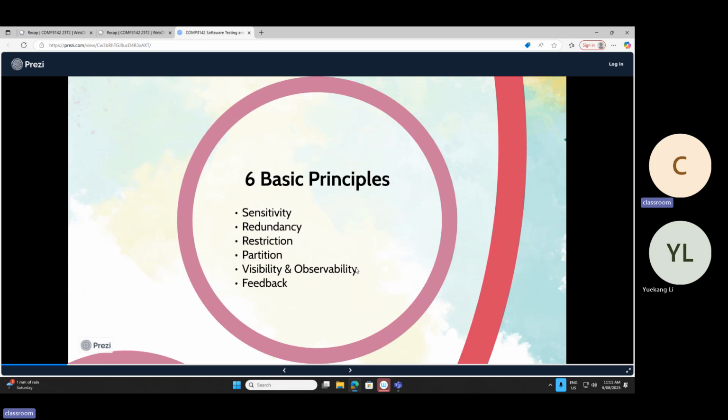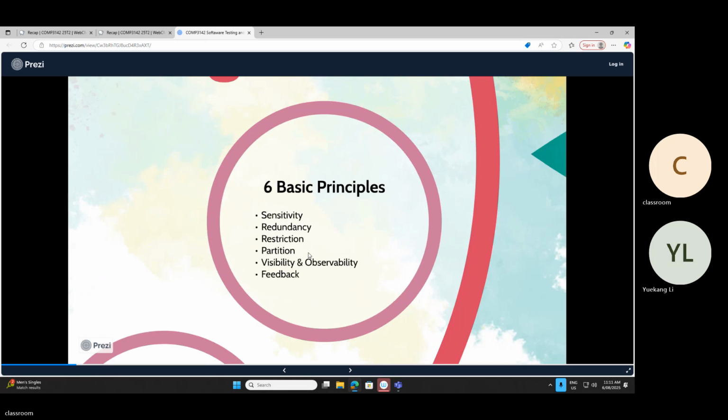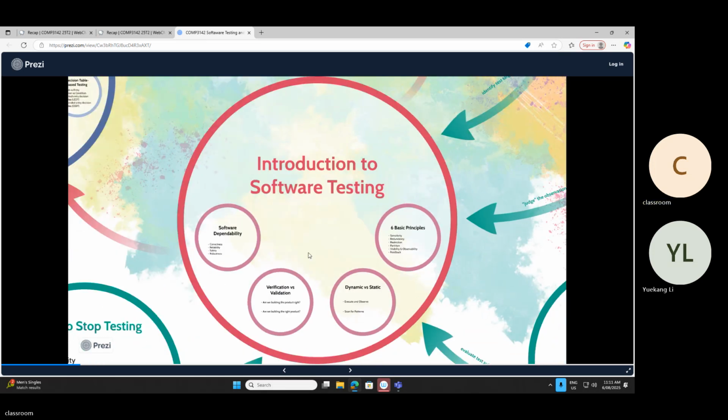These coverage metrics can help us know the progress of our testing. And in your assignment two, you also tried to report the coverage of the fuzzer. This is a show of the progress of the entire fuzzing session. So this actually improves visibility and observability. And that's all about introduction to software testing.